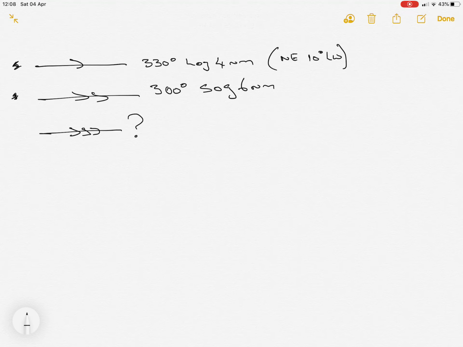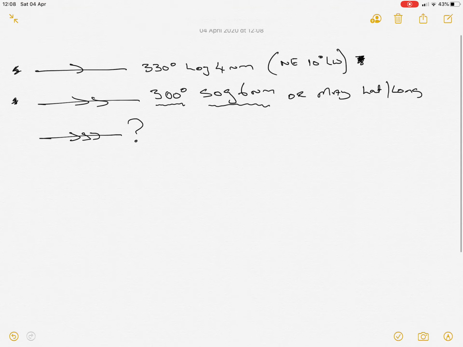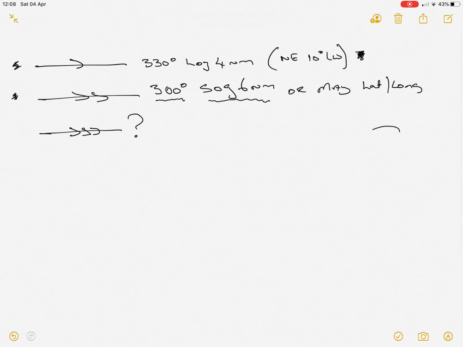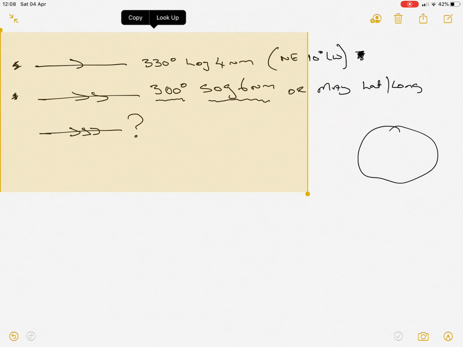So the GPS either told us that we'd been going in that direction and the speed over ground was that, or it may give you the lats and longs, and then you can obviously work out what the rest is. So again, we have a water track. So what's the very first thing we have to do? We have to look at the water track and say, well, hey, what was the leeway?